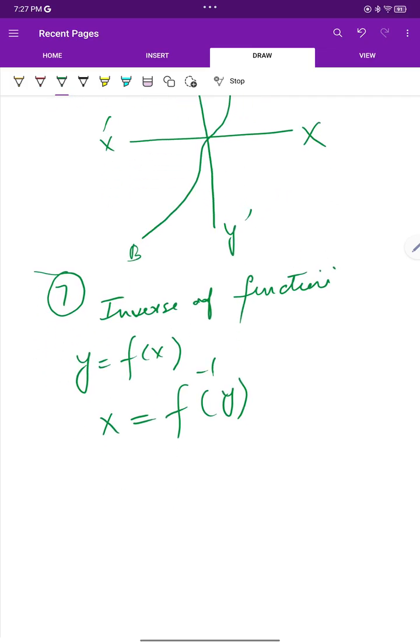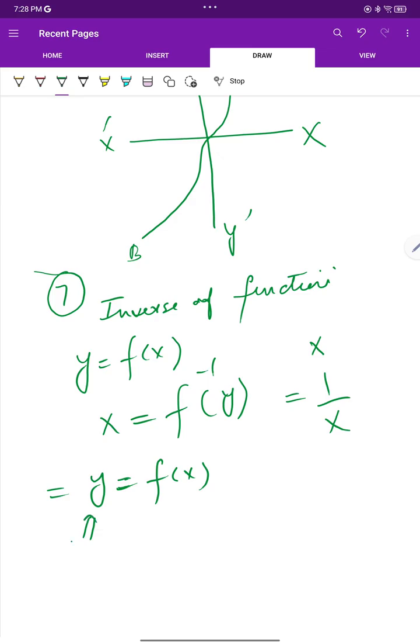It's not like this, that if this is x you can find x inverse. This is different. The inverse of a function y is equal to f of x.